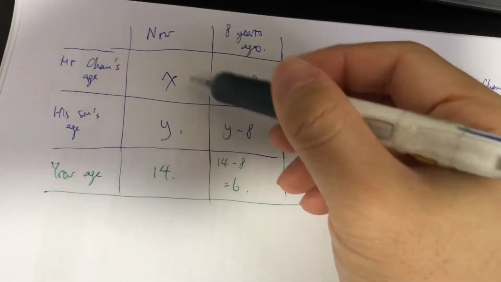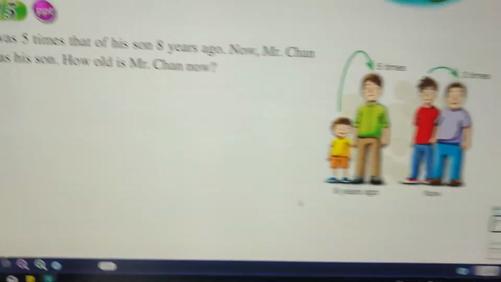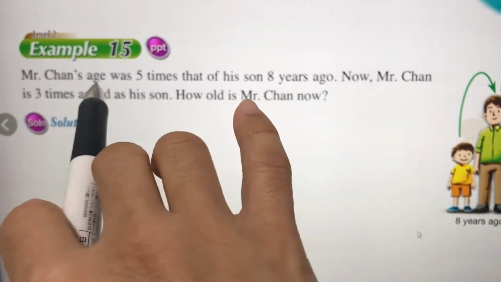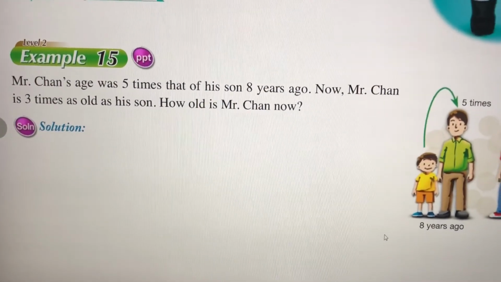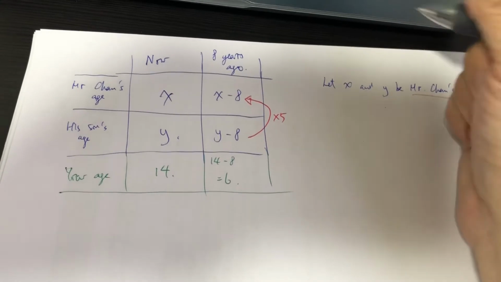Now let's give the relation between the two ages, x and y. From the question, 8 years ago Mr. Chan's age is 5 times that of his son. That means if we multiply his son's age by 5, you can find Mr. Chan's age.